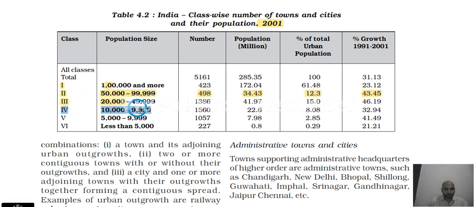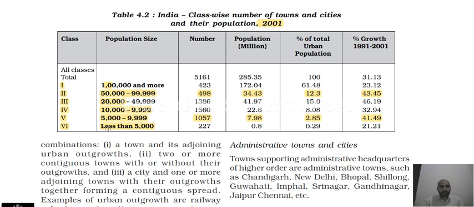In those, you will see that according to the census of India, on the population size, the class of a town is divided into class 6 town, class 5 town, class 4 town, class 3 town, class 2 town, and class 1 town. If the population is less than 5,000, this will remain the same even in the 2011 census.